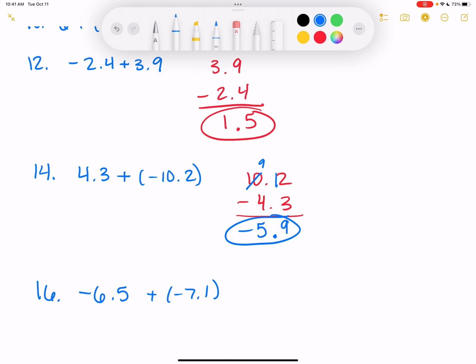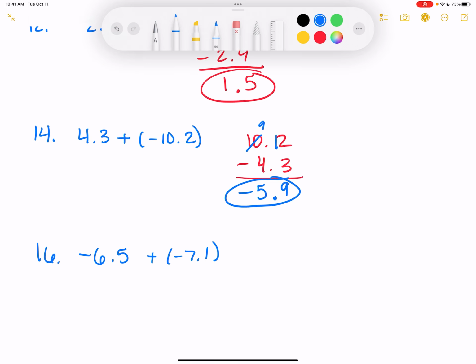So we're going to still stack them, and we're just going to add instead of subtract this time. And we know that our final answer is going to be negative because both numbers were negative initially. It doesn't matter which one you do on top, but I'll put 7.1 plus 6.5. So we just add, so 1 plus 5, we've got 6.